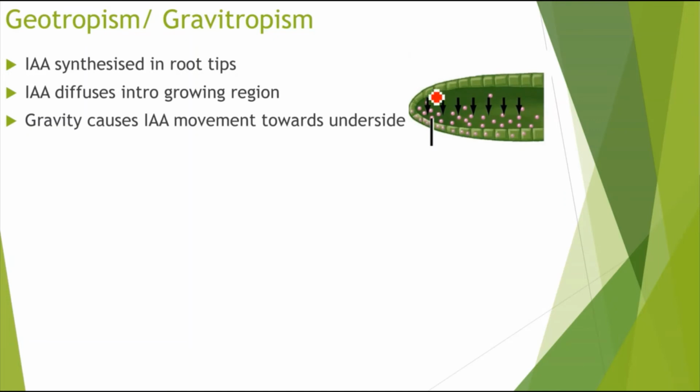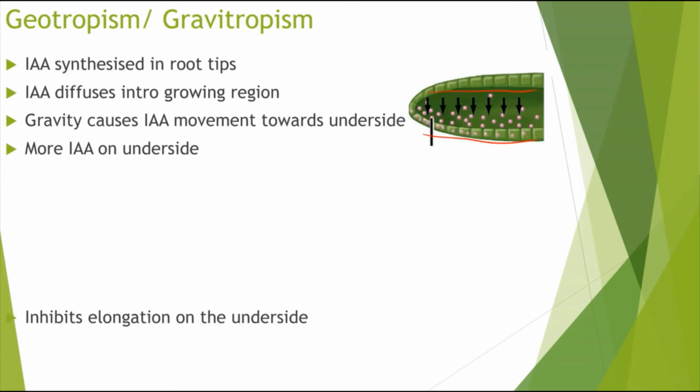We have the upper side here, and then we have the underside, the side which would be at the bottom, and this means that there would be more IAA on the underside, so the concentration increases on the underside.